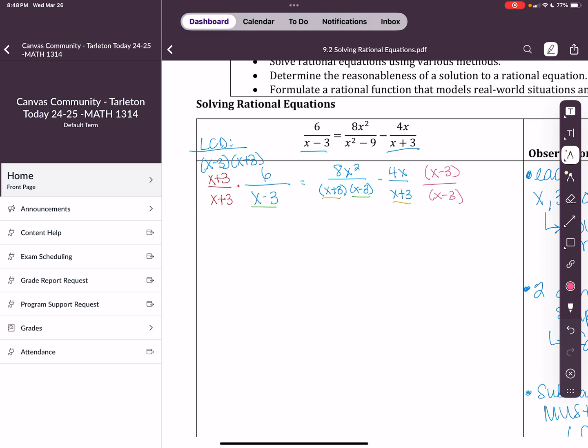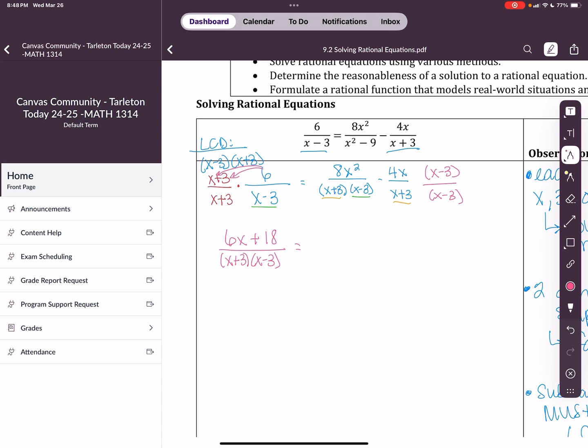So once we do that, we're going to distribute here. So we're going to have 6x plus, I'm sorry, 6x plus 18, excuse me, over x plus 3, x minus 3. I'm not going to FOIL that out.